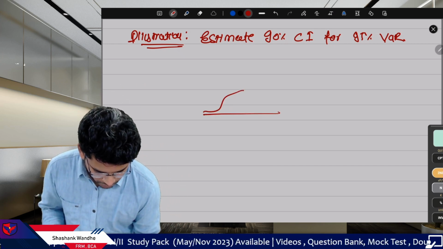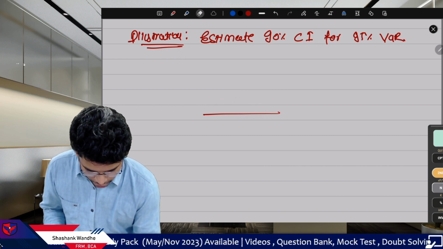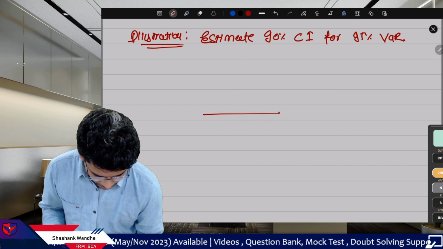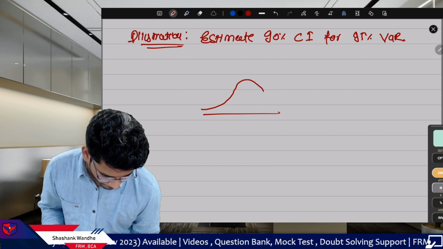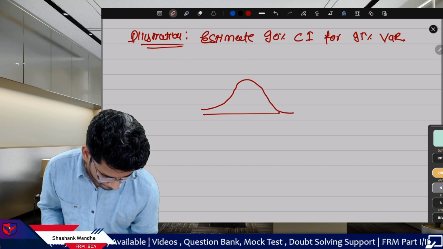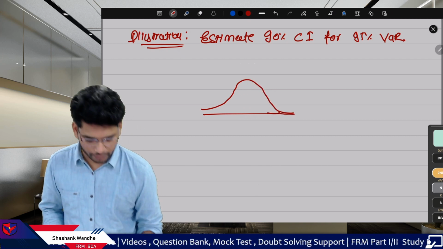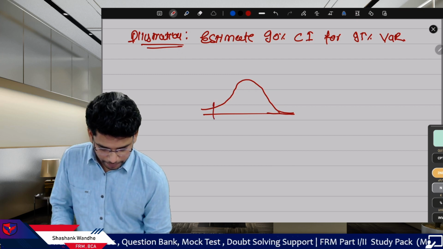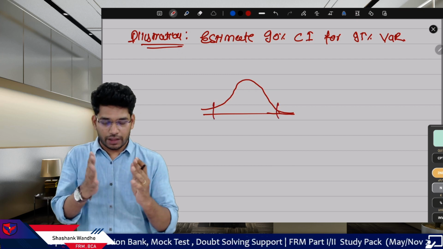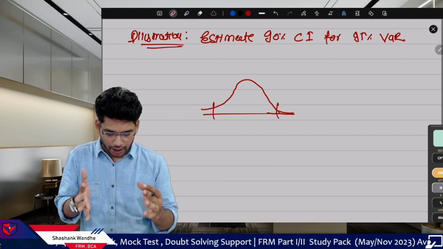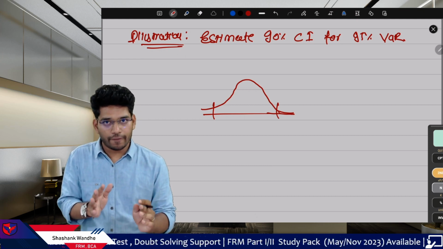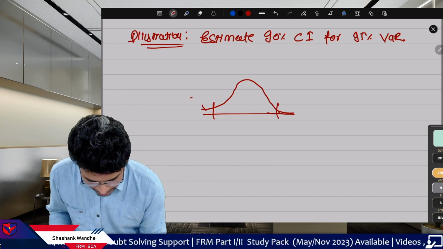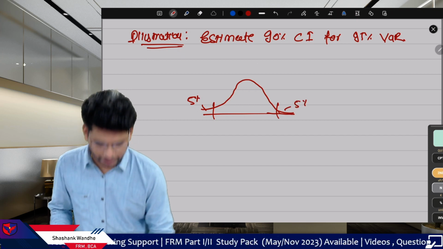Just to show it on the distribution, it's a very bad shape of distribution, I'll just redraw. Now see here, if you want to estimate a 90% confidence interval, then 5% here and 5% here.